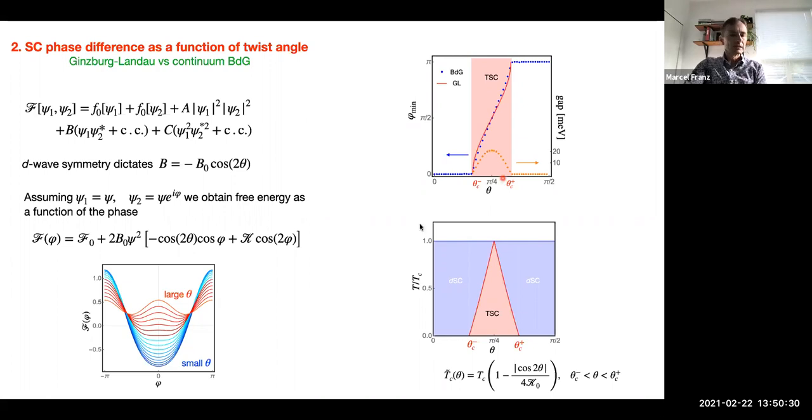Now, also, because this is a competition between quadratic and quartic terms in the free energy, this K will depend on temperature through its dependence on the order parameter psi. And that's how we can extract this phase diagram in the twist angle temperature space. And what you find is that there's this nice wedge of topological superconductivity, which decreases at higher temperature.